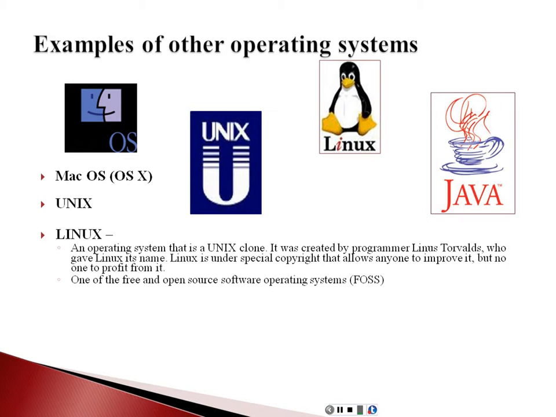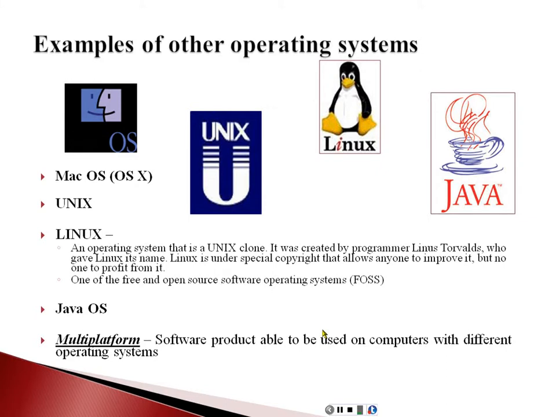You can take it, you can use it, you can improve it, but you can't profit from it. So one of the free and open source software operating systems is Linux, and you'll see an abbreviation FOSS, F-O-S-S, that just stands for Free and Open Source Software Operating Systems. Then we have, of course, I mentioned Java operating system.